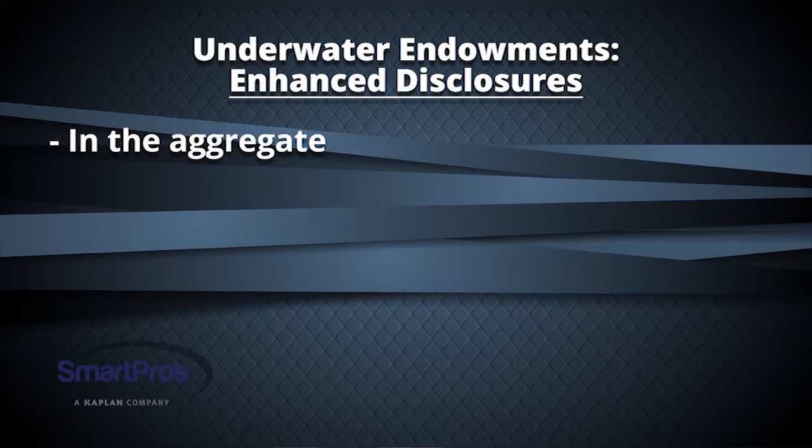There are also going to be some more endowment disclosures. Now, there have always been certain endowment disclosures, but now the organization will be required to disclose in the aggregate for all endowments that are underwater, meaning we're going to take all the endowments underwater, which might be 1, 2, 3, 4, but not necessarily all the endowments.